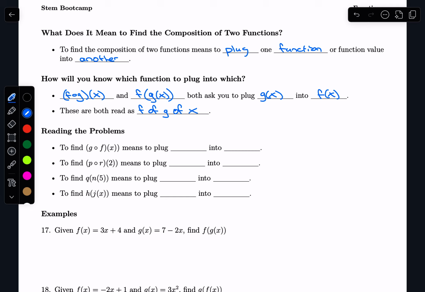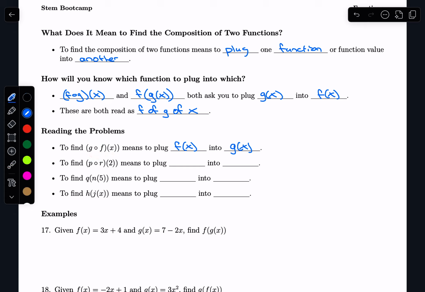All right, so a couple ways that this notation can end up looking. So down below, reading the problems. To find g composed with f of x means to plug f of x into g of x. Whenever we have this second one here, f of x, we're taking that and plugging it into the first one, which is g.